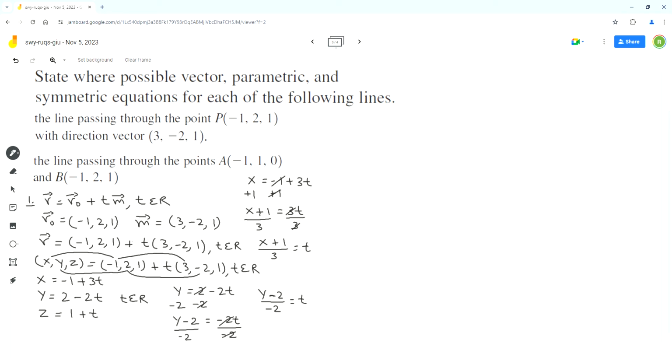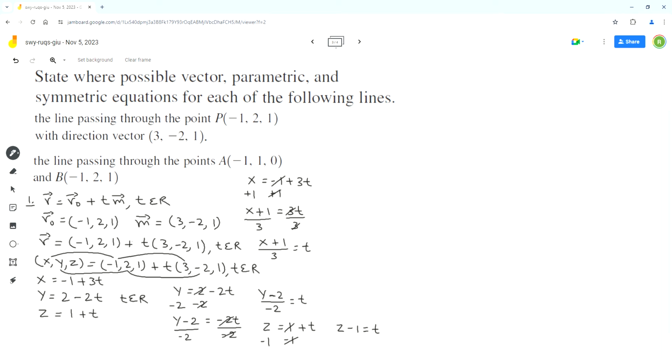Now we can analyze the z equation. So we can subtract 1 from both sides. So this is the expression for t from the z equation.